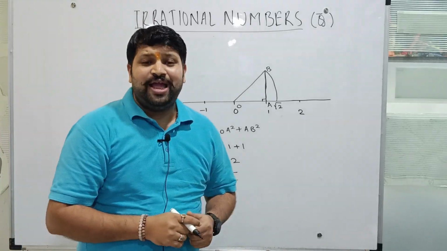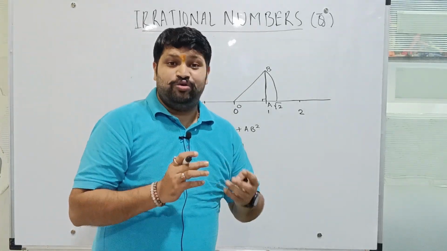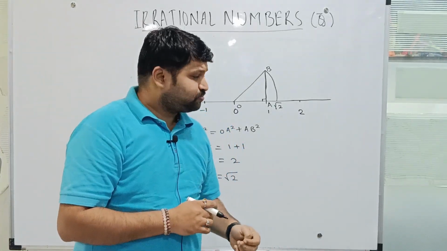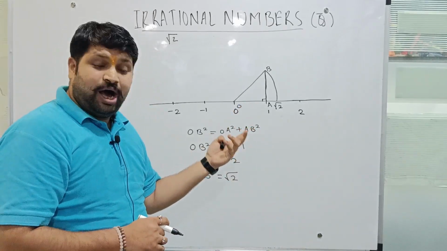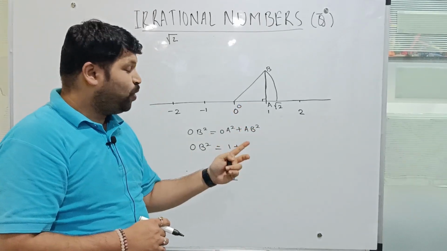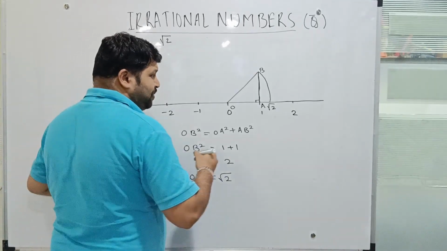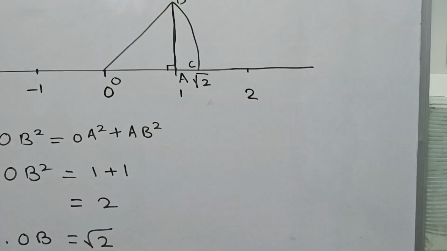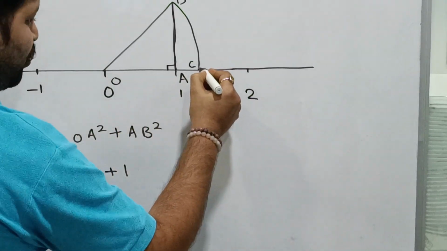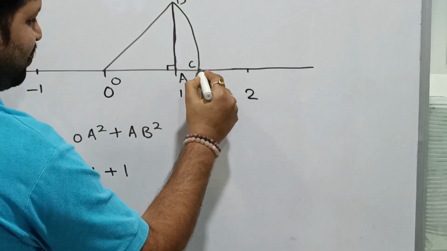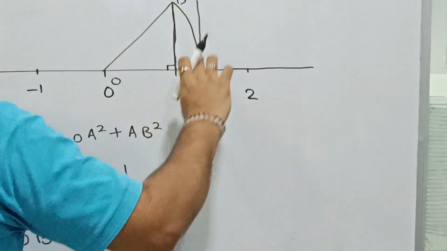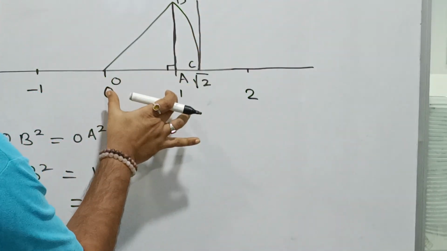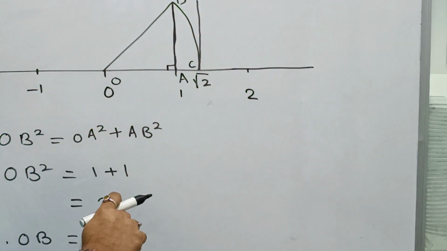Same way I can draw root 3, root 5, root 7. Let's give it a try. There are two ways to do it. One way is we can draw a perpendicular at this point. Now we are going to call this point C. Then at point C, I'm going to draw one more perpendicular whose length should be equal to the length of OA.